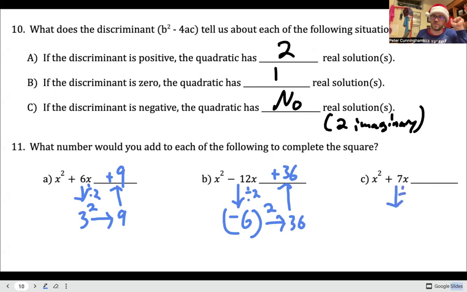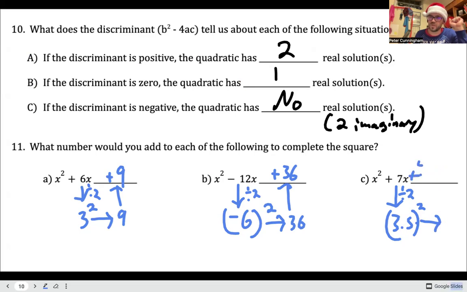7 divided by 2, 3.5. 3.5 squared. Check my key from earlier on that one. 3.5 squared ends up being 49 over 4.